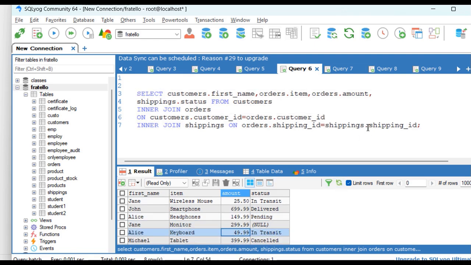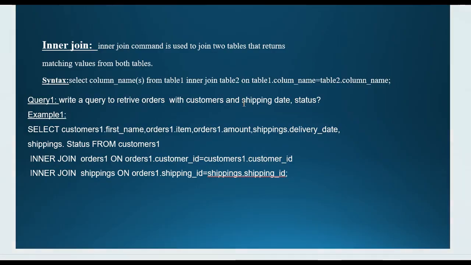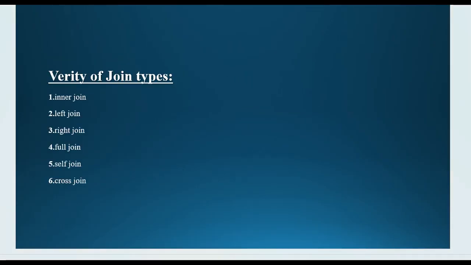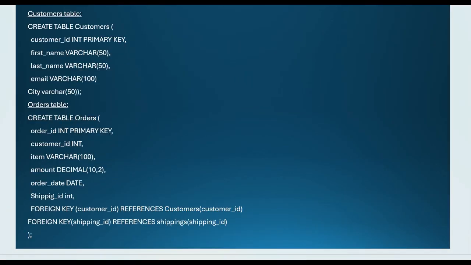Here I have created three tables: customers, shippings and orders. Here I have created the foreign keys. I am creating the foreign key from orders to customers: foreign key of customer ID references the customers customer ID.